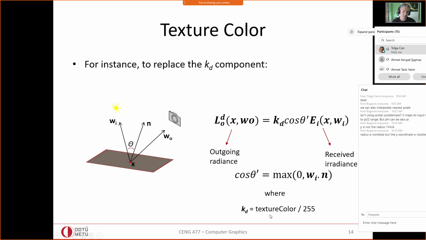If your texture color is also integer, don't forget to explicitly cast one of these to floating point, because otherwise your KD will be either 0 or 1. In C, if you're doing an integer division, ensure that you're doing a floating point division to compute this KD, which will be between 0 and 1. Actually, it's a three-dimensional vector, each of whose dimensions is between 0 and 1.